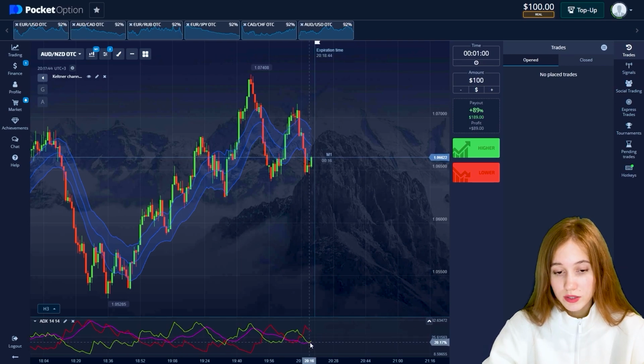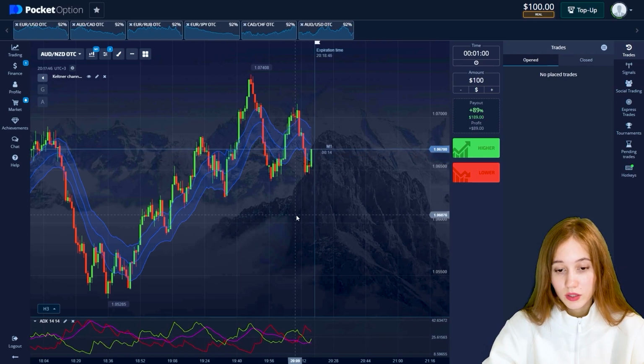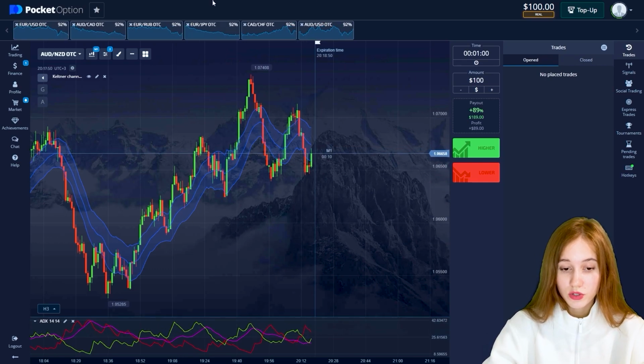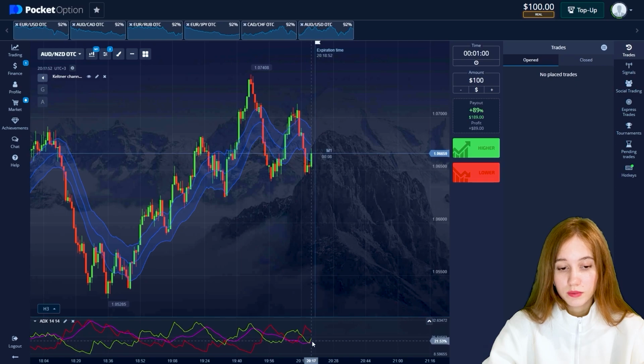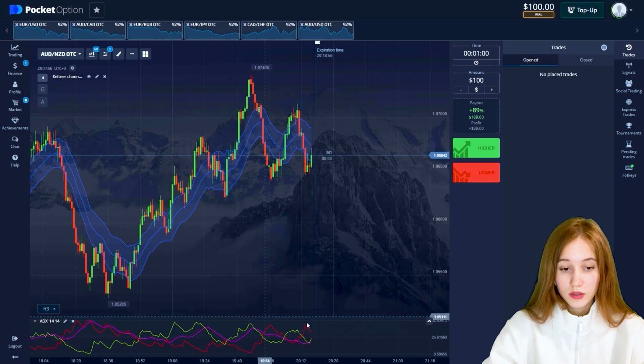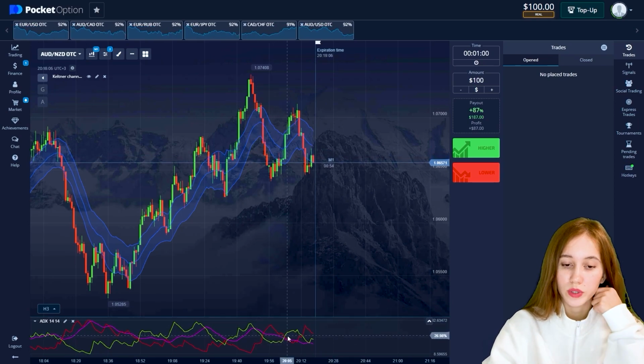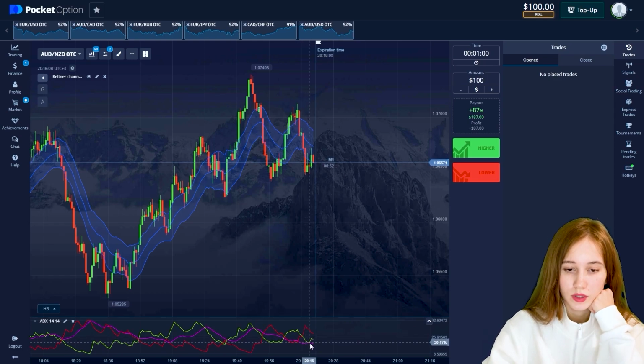If green prevails in our market, it means this is an upward trend. If red prevails, the trend is down. So it's very simple. Volatility was quite high, intensity is falling.